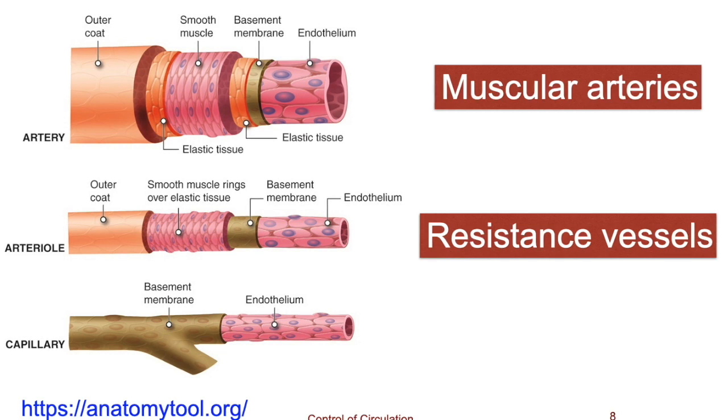And again, remember tone. Throughout the body, there's a constant background tone, so at rest under normal conditions, the vessels are always a little bit constricted compared to their relaxed or residual volume, because there's always a little bit of muscle tone in the smooth muscle. And smooth muscle is its own field of study, but one of the amazing features of smooth muscle is it can maintain tension for ridiculously long amounts of time.